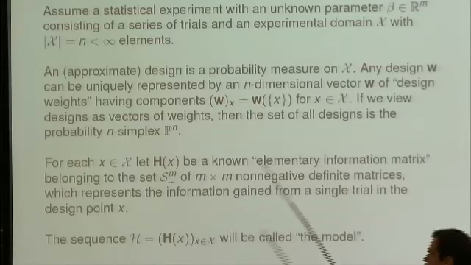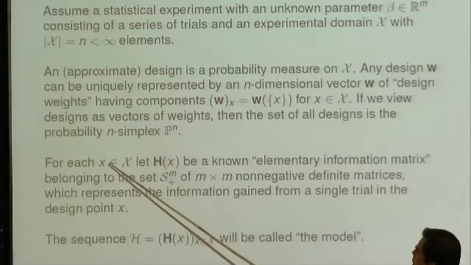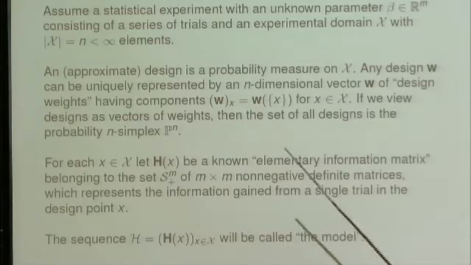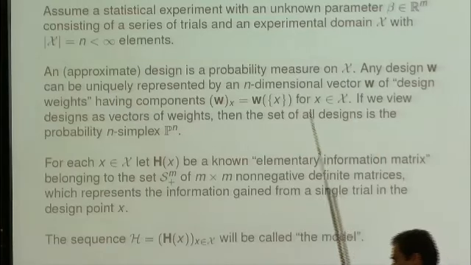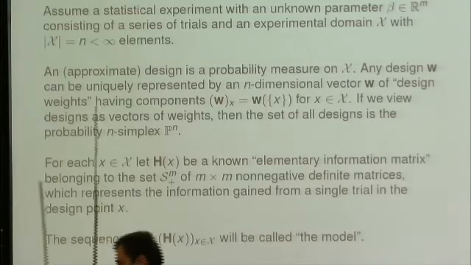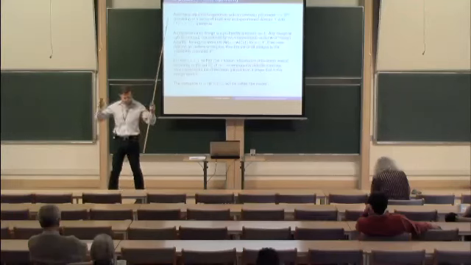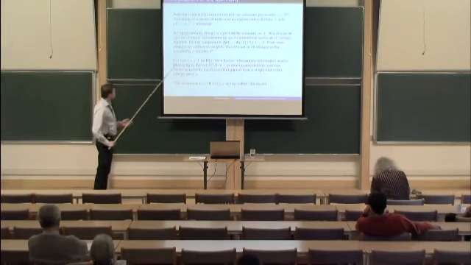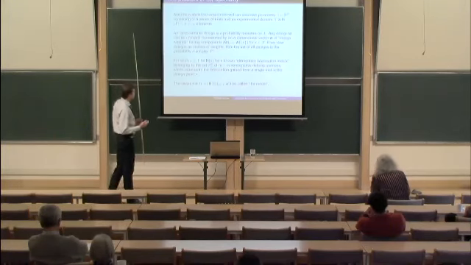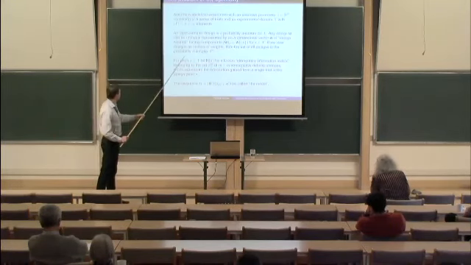Now, for each design point, small x, we know some elementary information matrix that I denote Hx. So for each design point x, we have an elementary information matrix which is in a sense associated with this x and represents the amount of information which is gained from the trial in the point x.